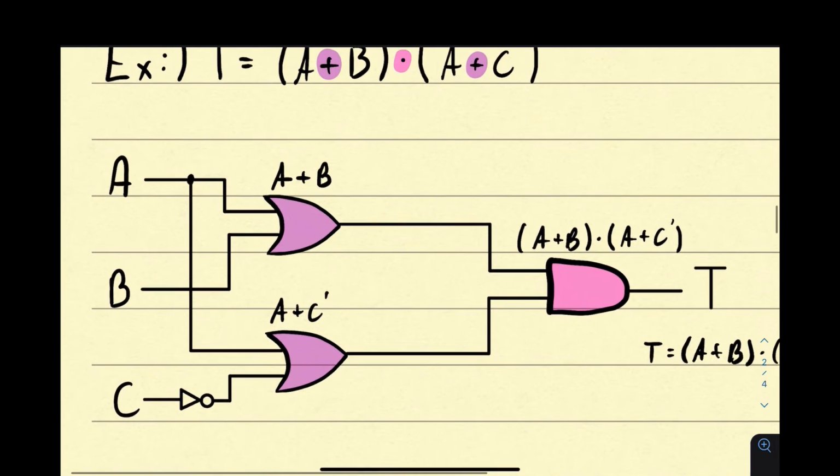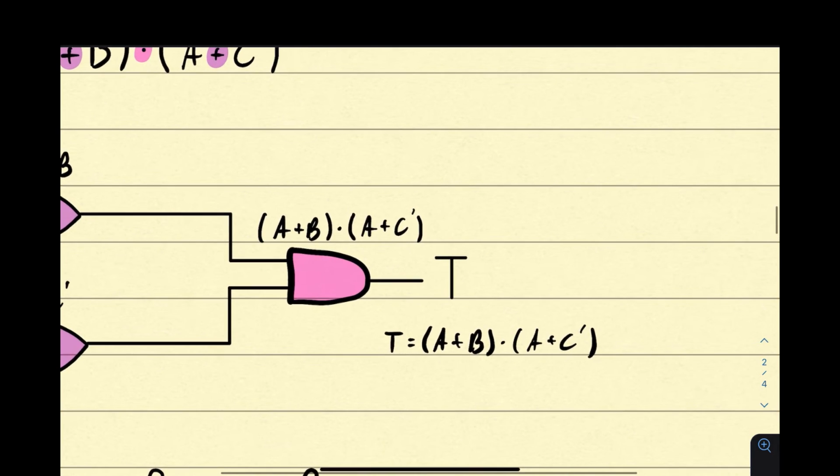So as we can see here, I have A plus B, this OR gate, and I have A plus the complement of C. Those 2 terms get multiplied against each other within this AND gate, giving you T equals A or B ANDed with A or complement of C.